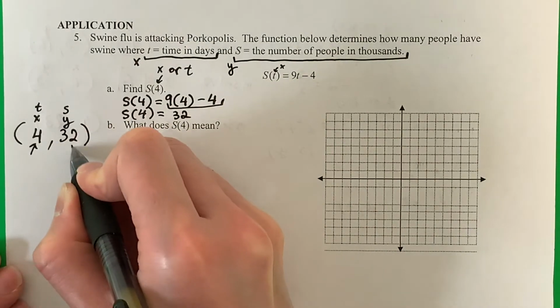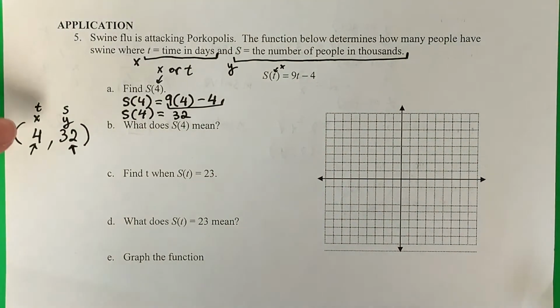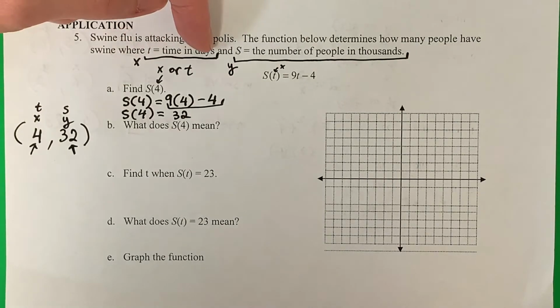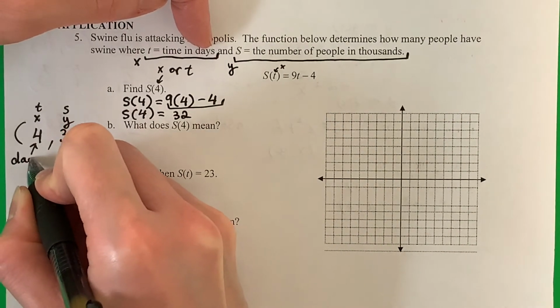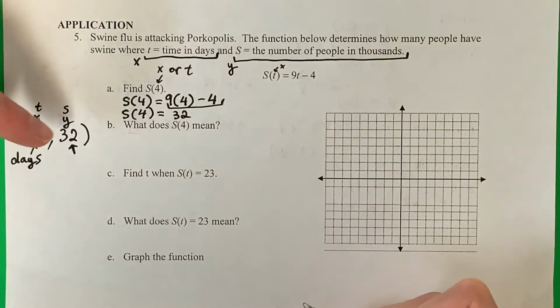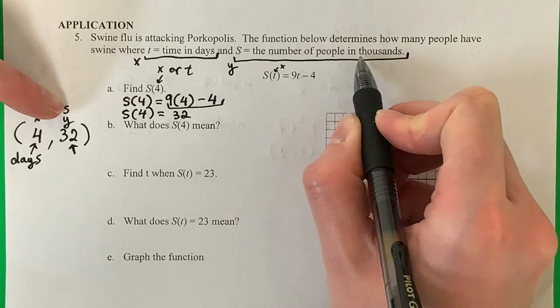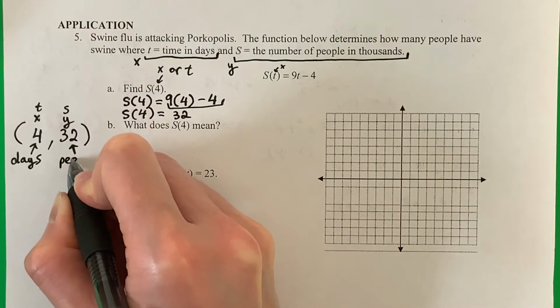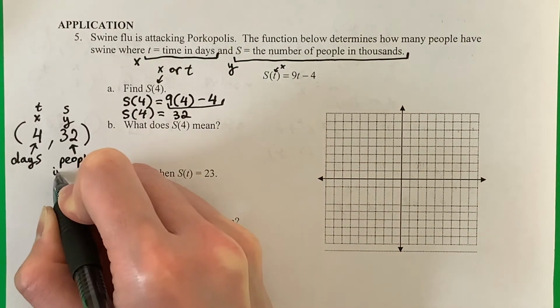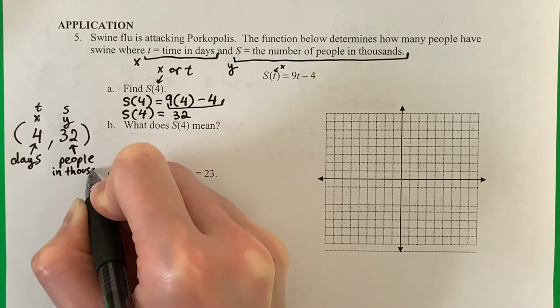Let's explain what they mean. 4 is x or t. T is days. 32 is s. S is number of people in thousands. So I'm going to put here people in thousands.